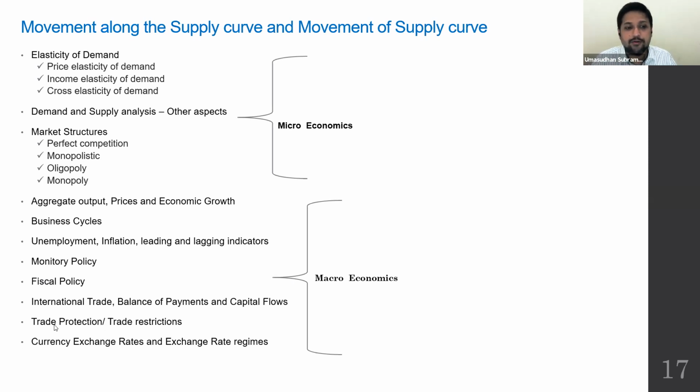We're going to talk about trade protection activities of the governments to protect domestic infant industries. We also talk about currency exchange rates and the exchange rate regimes available in the market. So that's pretty much all that is on the plate for the second half.